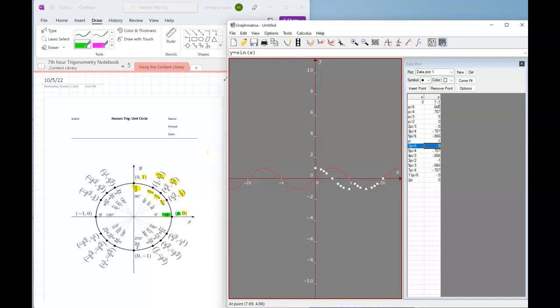Here we go. It's third quadrant. So that's the graph of cosine from the unit circle.